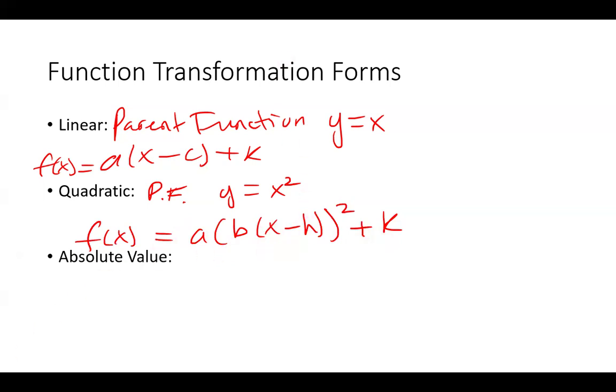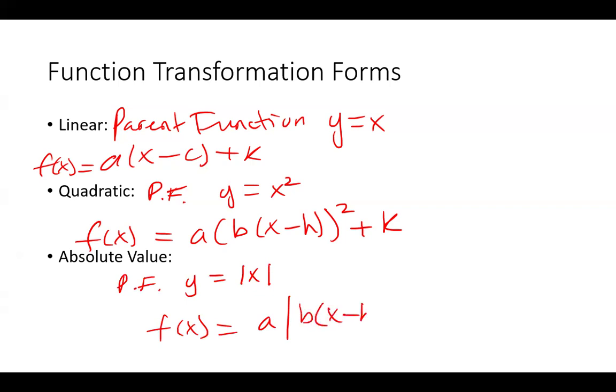The last one that we're looking at: our parent function for absolute value is y equals the absolute value of x. That's going to be f of x equals a times the absolute value of b times x minus h, plus k.